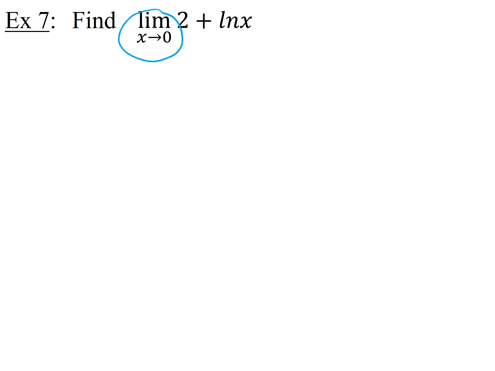Because this is a full limit, we're supposed to be plugging numbers on both ends of 0. So as far as the function goes, I don't care at all what happens when you plug in 0. I don't care if you get an answer. I don't care if it's undefined. But I care what's happening near 0. And it's the full limit. I care what's happening on both sides of 0 as long as you're not plugging in 0.